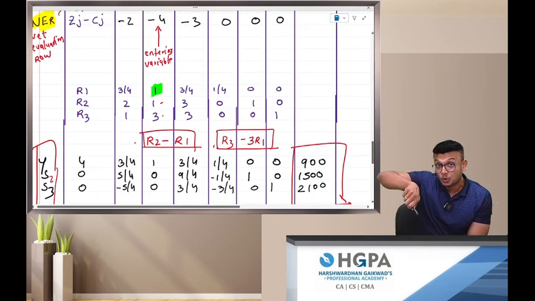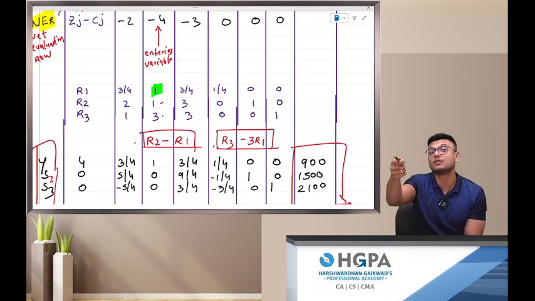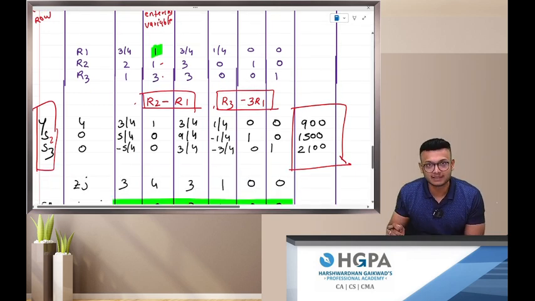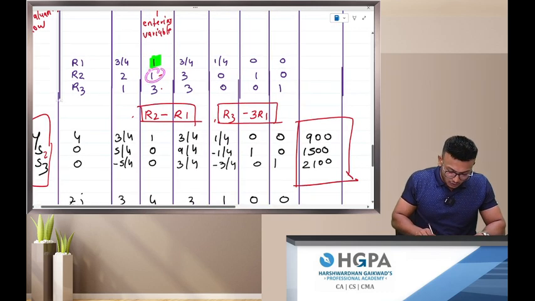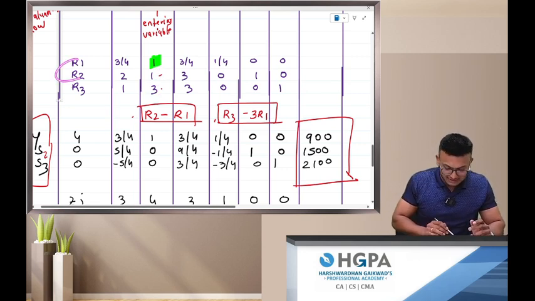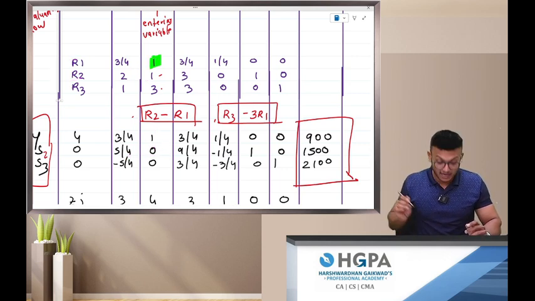The next two rows, I need to bring 0 over there. I need to think, how will I bring 0 over there? So you need to subtract the elements. How do you subtract the elements? Very simple. I needed to bring 0 over here and 0 over here. So first was very simple: R2 minus R1. The moment I do 1 minus 1, it will become 0 over here. But for the third row, I need to bring 0 over here.